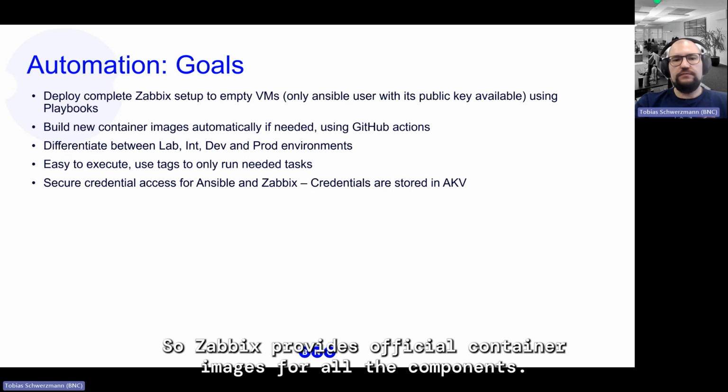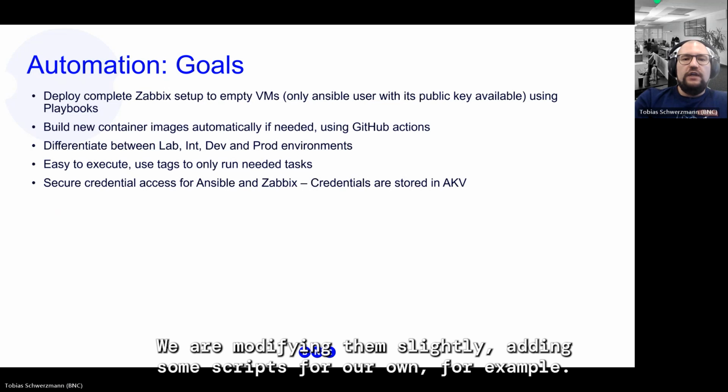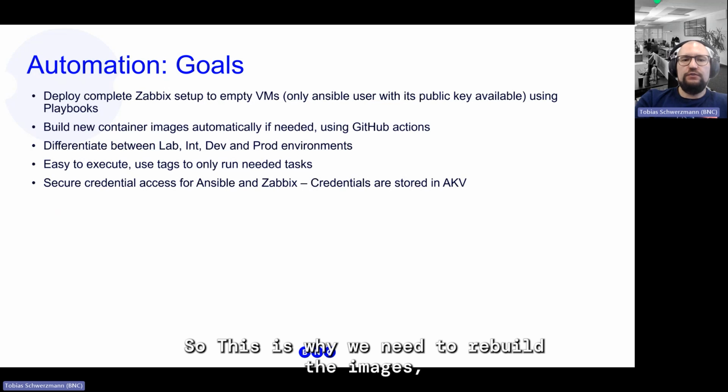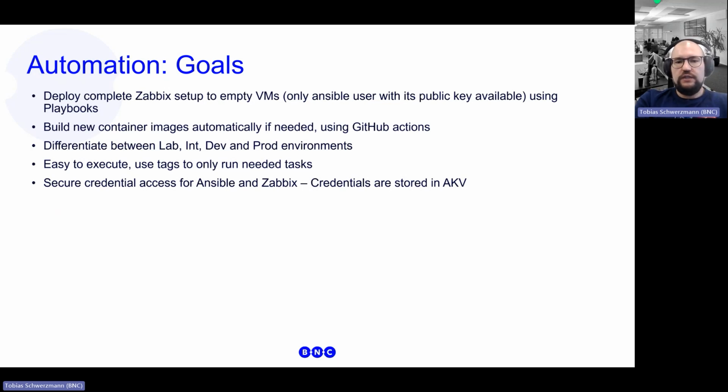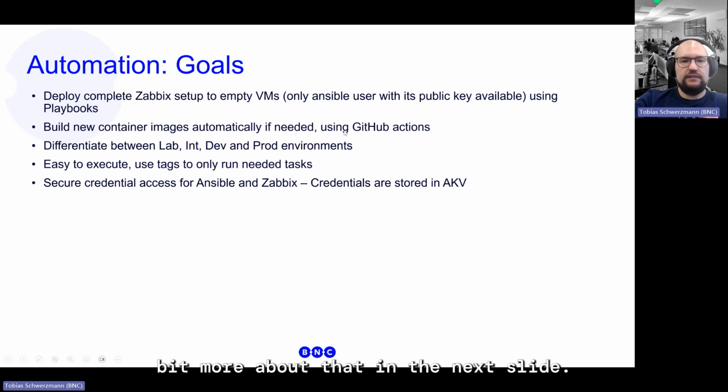Zabbix provides official container images for all the components. We are modifying them slightly, adding some scripts of our own, for example. This is why we need to rebuild the images, and we do that automatically using GitHub Actions. We'll see a little bit more about that in the next slide.